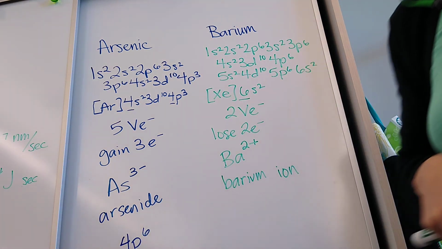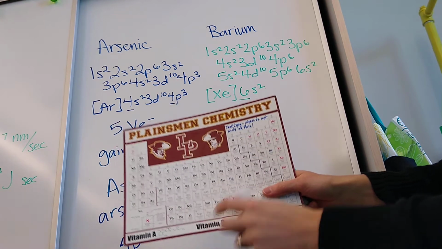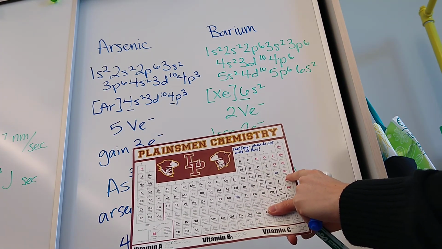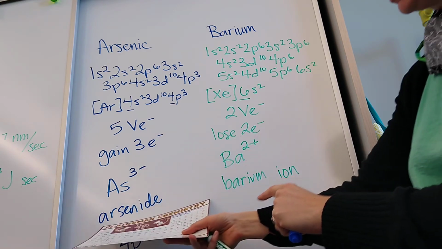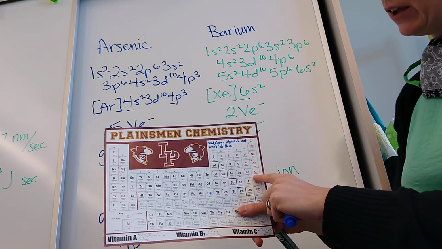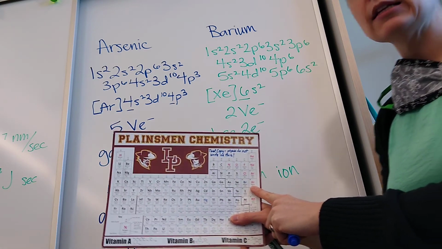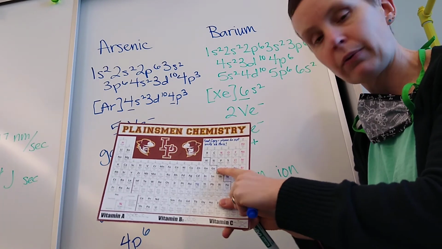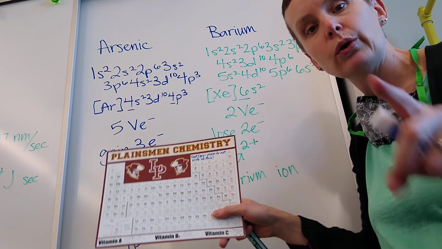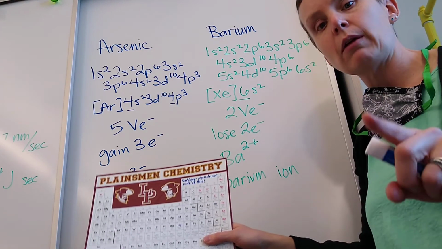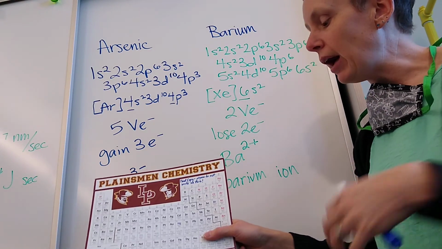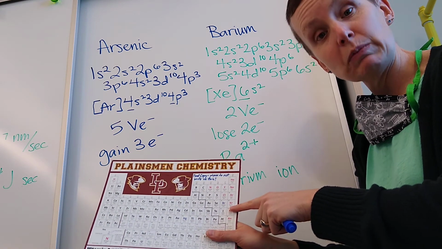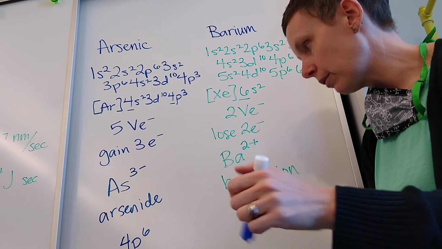Now if you look at the periodic table, 4p6 is going to take you all the way to krypton. So this is saying that arsenide has the configuration of krypton. It is not becoming krypton because it still only has 33 protons, and protons make you who you are. 33 protons means arsenic, but it now has 36 electrons, so its configuration is the same as krypton, and that makes it stable.